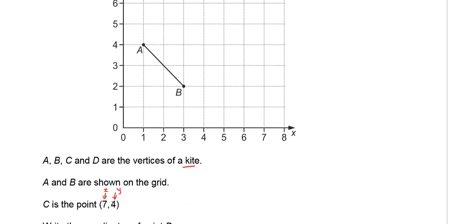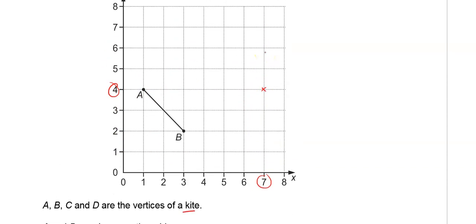Let's first plot the coordinates of C. C is 7 for X and Y is 4. So where they meet is here. And this is a kite. A kite looks something like this. So if this is A, this is B, therefore this is C, and D should be this.